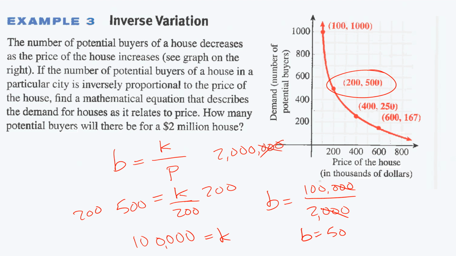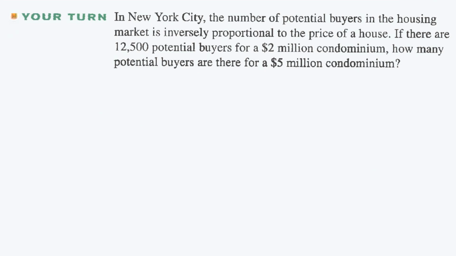Okay? All right, so your turn. See if you can figure this out. All right, so the number of potential buyers is inversely proportional to the price of the house, so equals K over P. There are 12,500 potential buyers for a $2 million condo, so K over. And in this case, let's do it in thousands again.